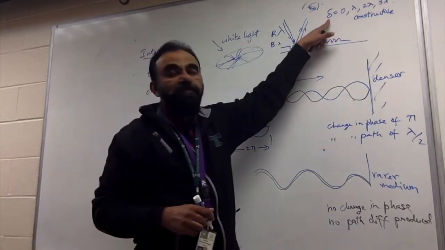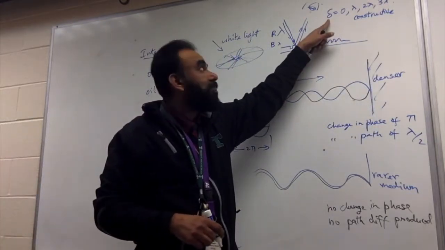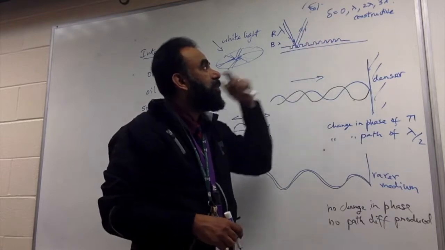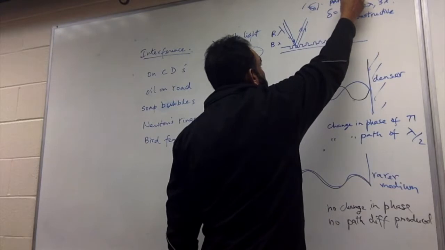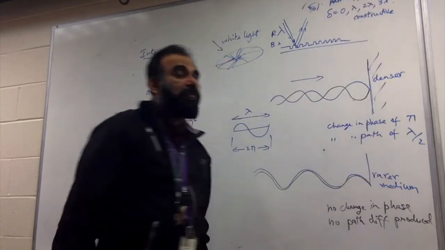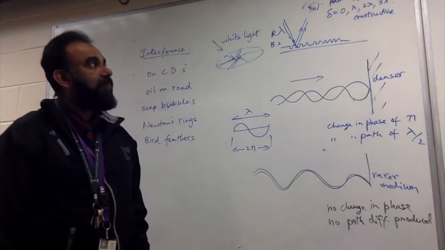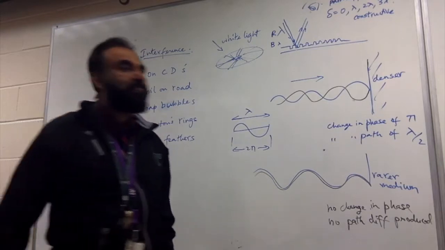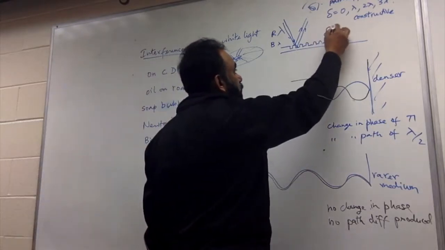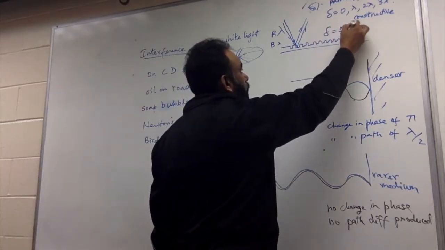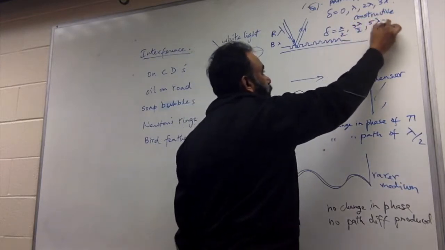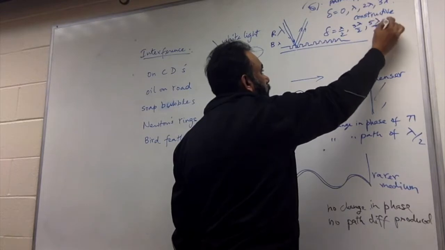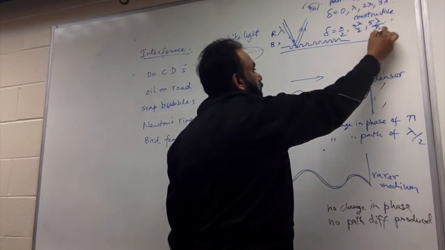Now this is for path difference, delta. For path difference of 0, lambda, 2 lambda, 3 lambda, it's going to be constructive. For path differences of lambda over 2, 3 lambda over 2, 5 lambda over 2, etc., it is going to be destructive.